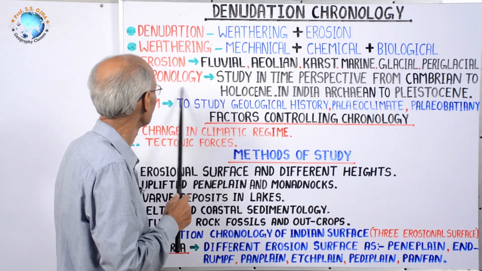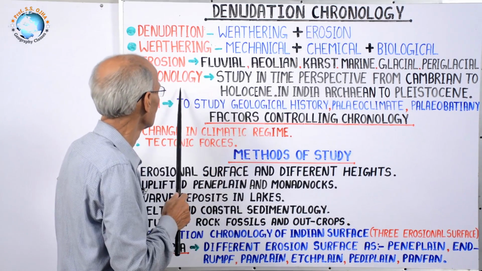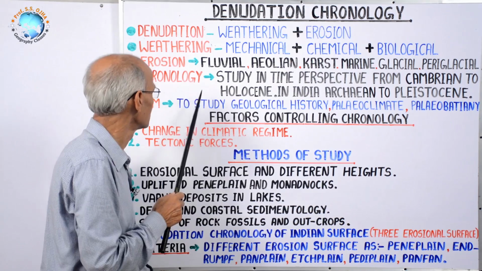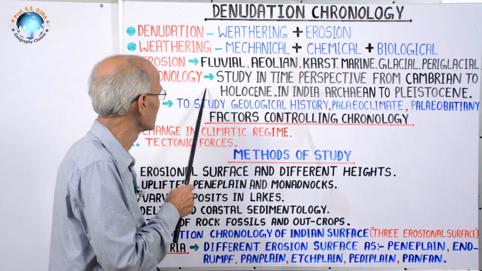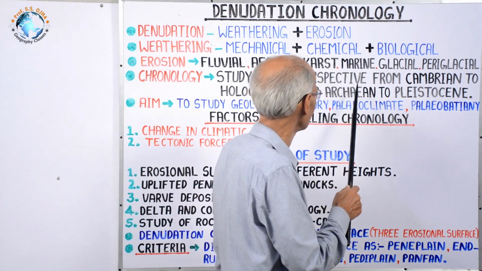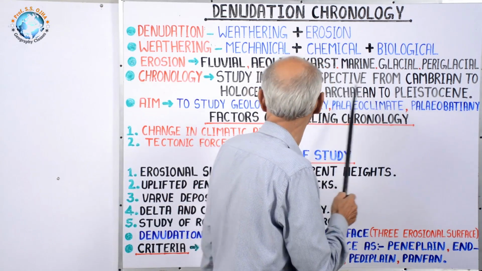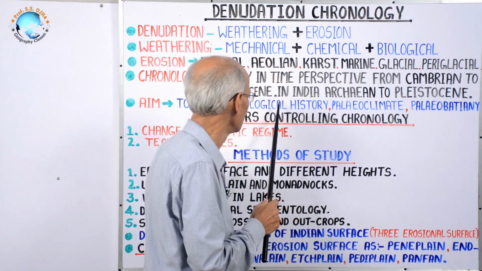Now it is chronology, the second term, chronology. And as we have discussed, chronology is the study in historical or time perspective. Study in time perspective from Cambrian to Holocene period.